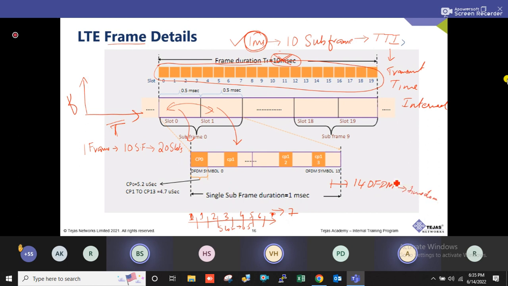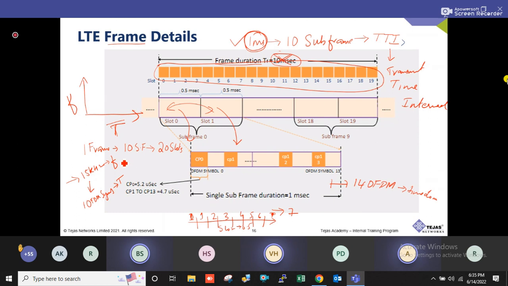So don't get confused. The smallest granularity in frequency domain is 15 kilohertz. The smallest granularity in time domain is 1 OFDM symbol. So always remember this.